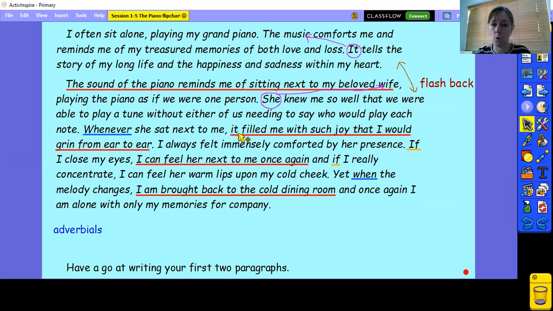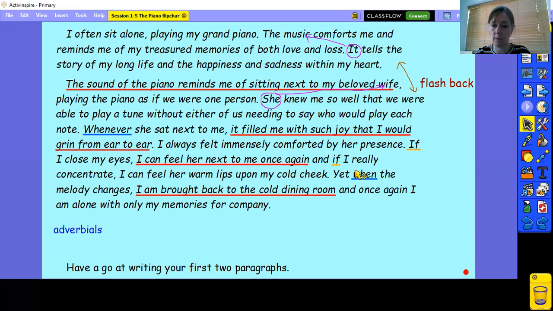And you notice that there are other main clauses underlined in red, like this one. It filled me with such joy that I would grin from ear to ear. But before that, there is this clause, a subordinate clause, whenever she sat next to me, comma. And you'll notice that is an adverbial because it's telling you when something happened.